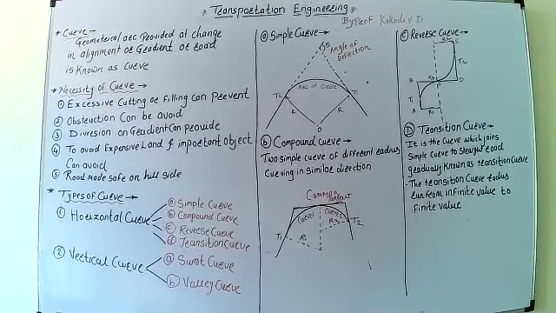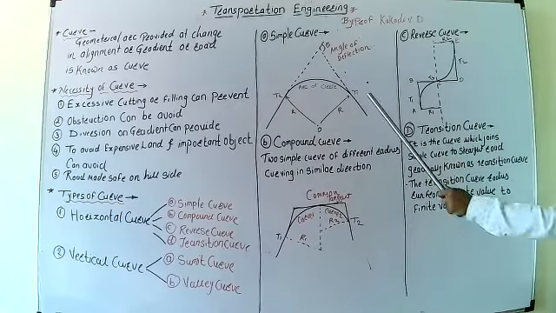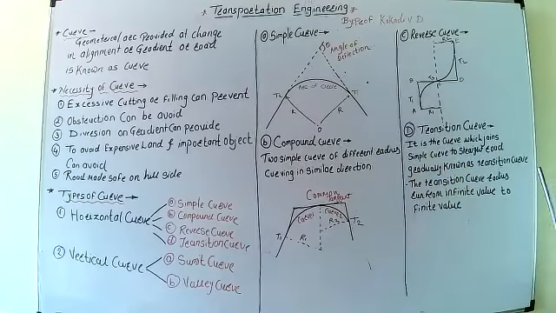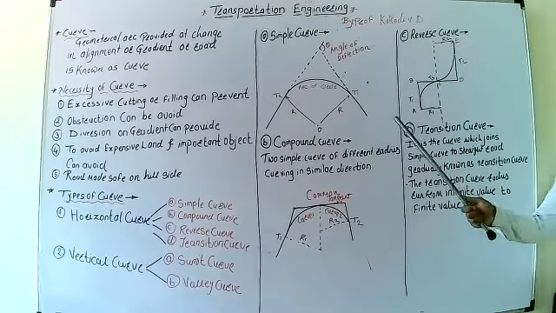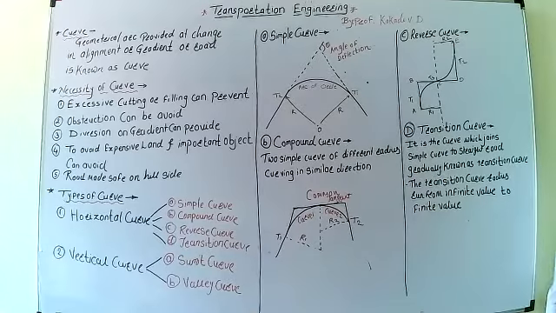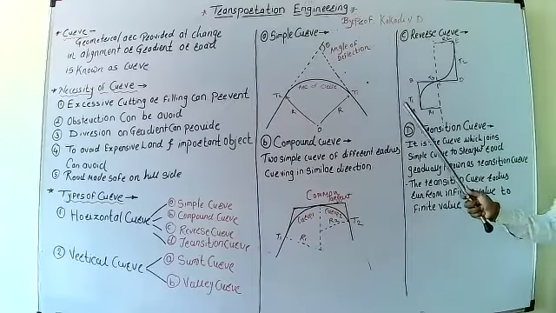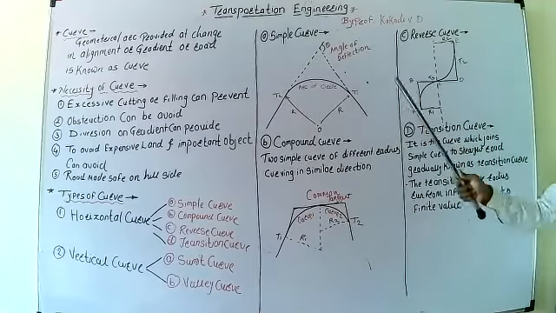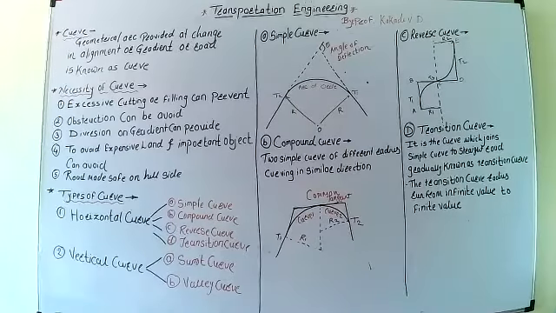Here you can see that in the circular curve there are two tangents of the circle. This is the origin O, and these are the radii of the circle. Tangent 1 goes further and tangent 2 is deflected from it. That angle is known as the deflection angle. This angle is very important.